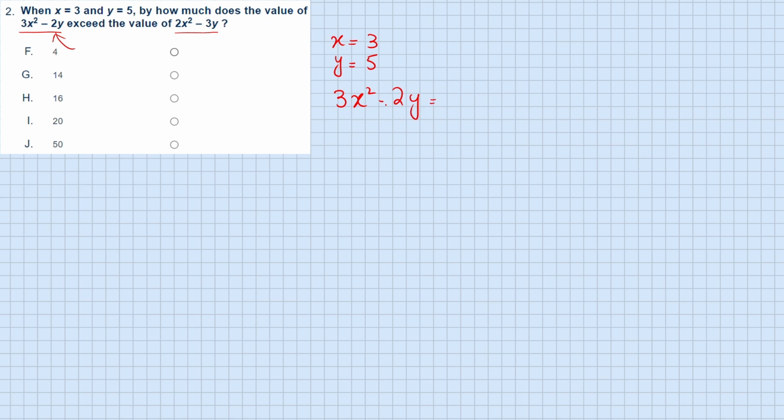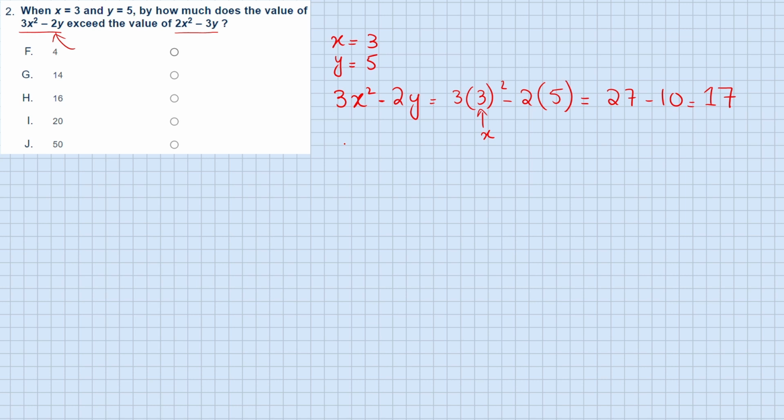First of all, we can substitute x equals 3, so we can write 3 into 3 squared minus 2y, where y is 5. Now when you solve this, you will get 27 minus 10 equals 17. So this expression gives you 17 when x equals 3 and y equals 5.